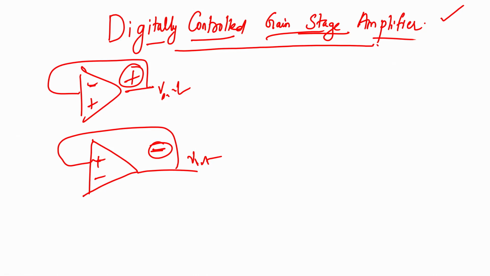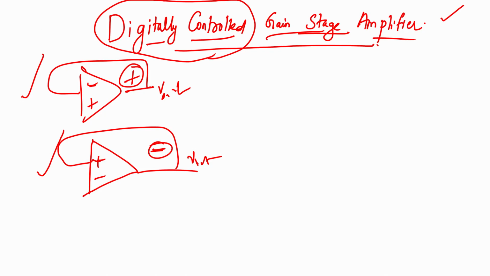I am trying to tell you how intuitive design is done, that is why we are going like building blocks here. So which scheme do you choose? We need to control the gain of our amplifier digitally, and we also know that our DAC output, as per our previous experiments, is a negative voltage.